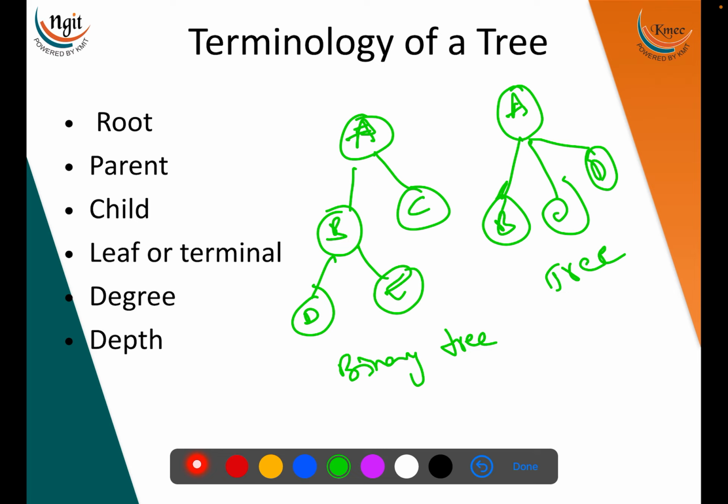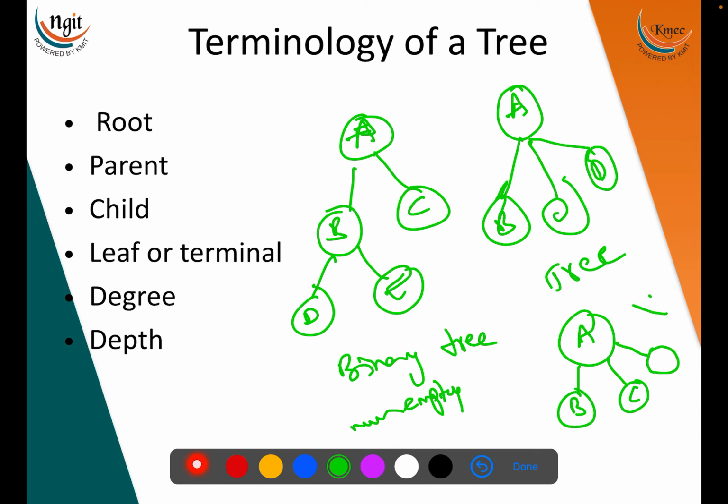So the difference is this: a binary tree is a tree which may have empty nodes. That is, empty nodes can also exist. A is a node having 1 child, and that is called a binary tree. A having 2 children is also called a binary tree. When it has another node, it is not called a binary tree.